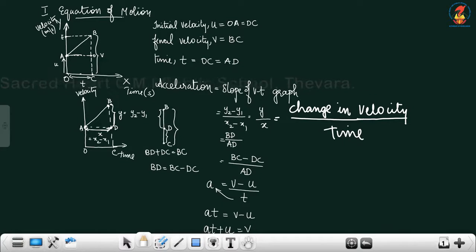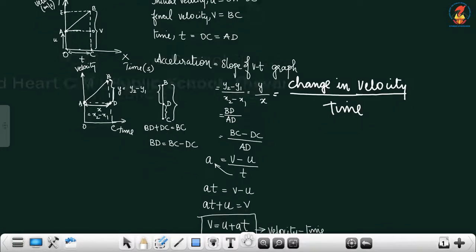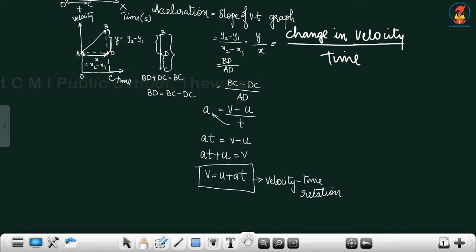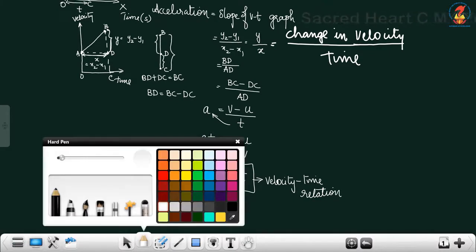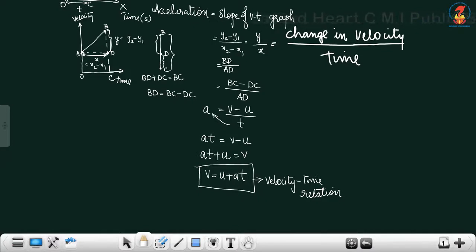So, AT equal to V minus U. Now take this U to this side of the equation. So, AT plus U equal to V. Now, just write it in this way: V equal to U plus AT. So, this equation is known as velocity time relation.